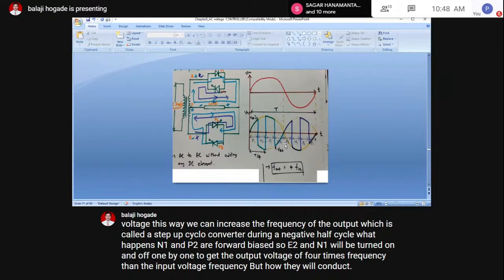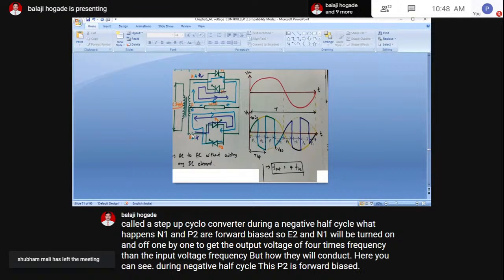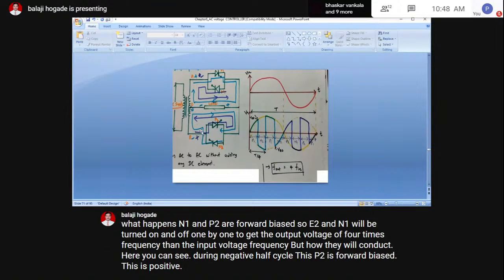Here you can see during negative half cycle, this P2 is forward biased. This terminal is positive with respect to this.